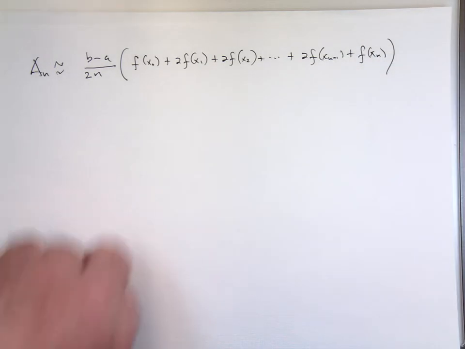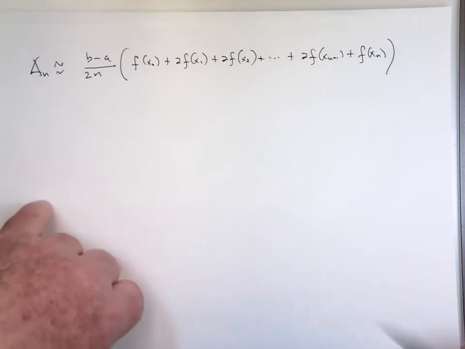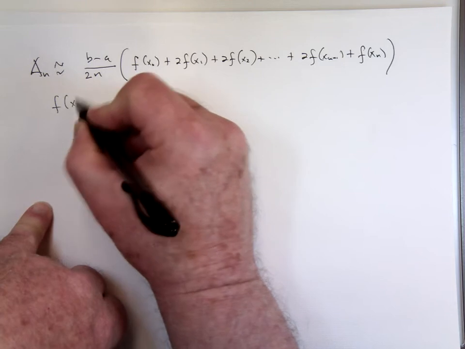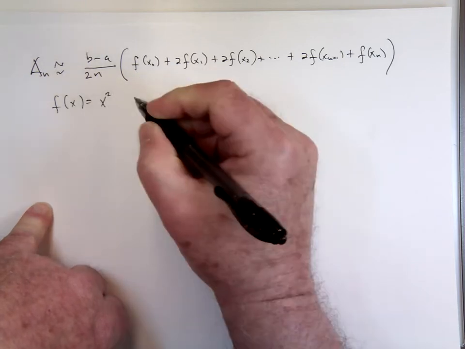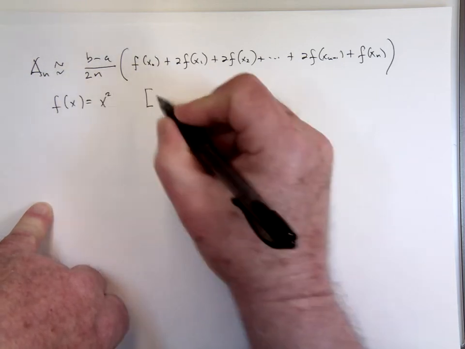That's the trapezoidal rule. Let's see how good it is. Let's do an approximation of something. I could do x squared. We'll keep it simple. Let's do a function x squared, and let's suppose the interval is from 1 to 3.